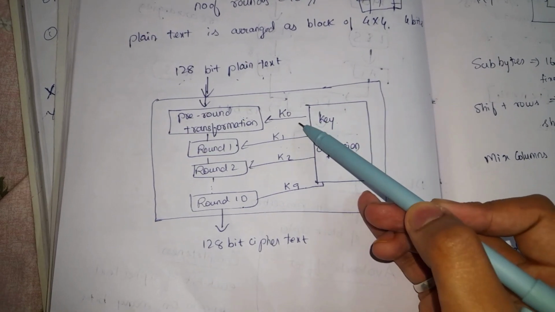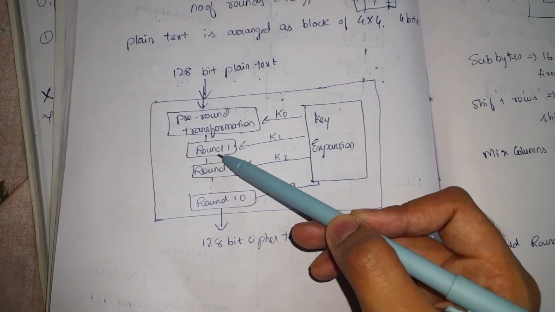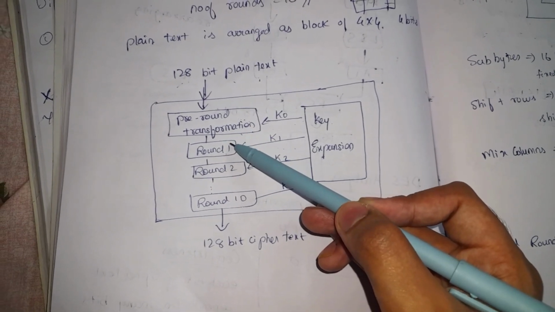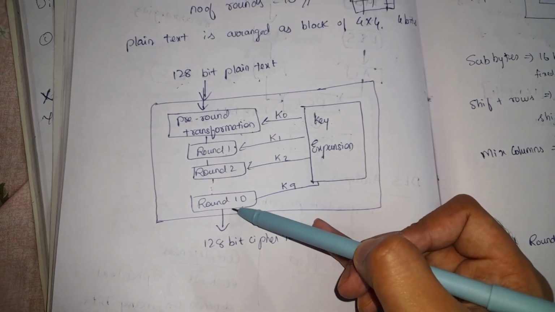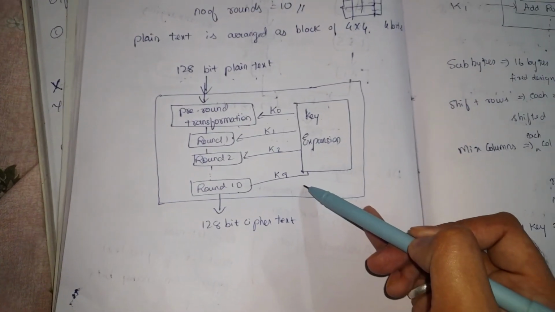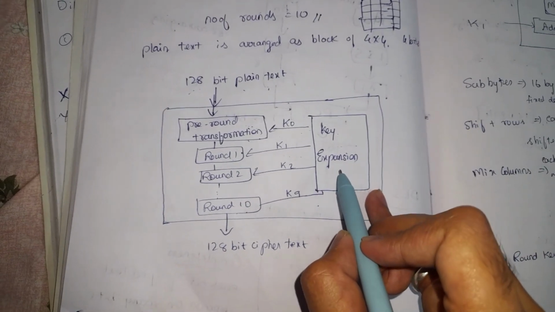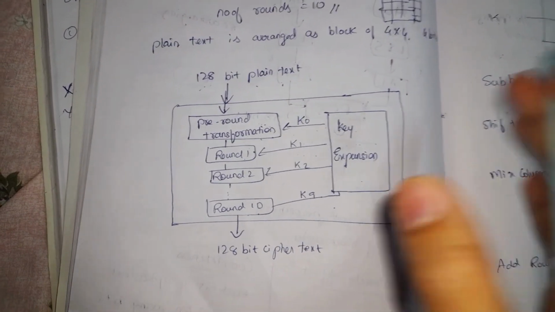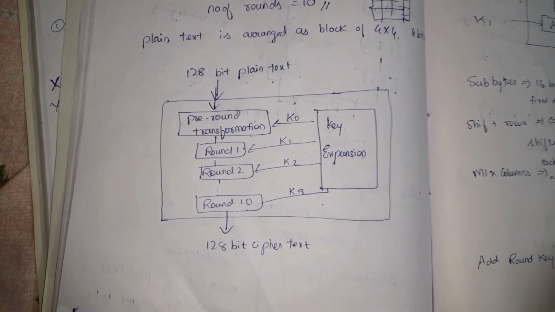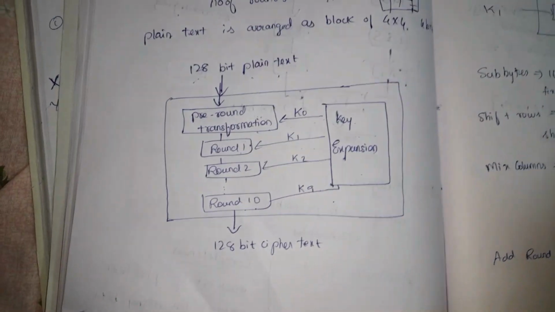The key generator will give a key k0 and then it will generate some ciphertext, and this ciphertext will be passed down to the next rounds, and the keys will be generated with the help of the key expansion algorithm. How this key expansion is done, I will show you in the next steps. So this is the block diagram of the AES algorithm.